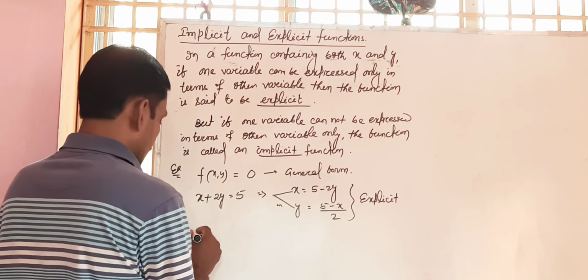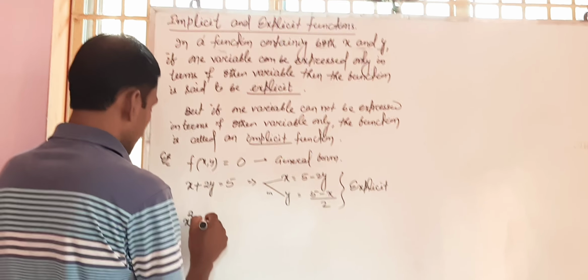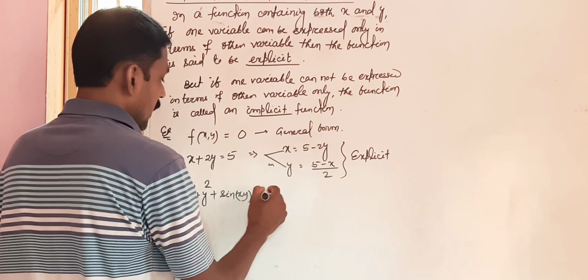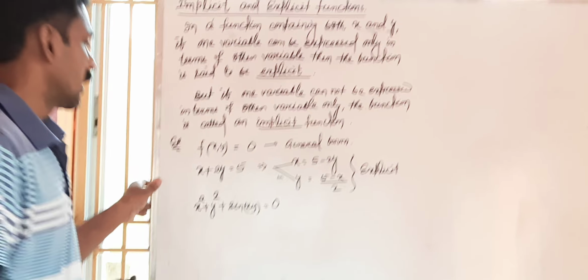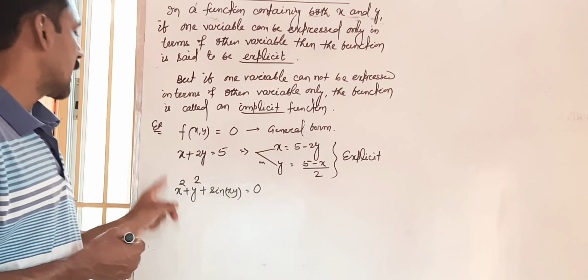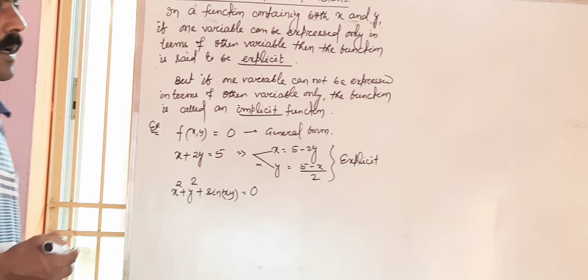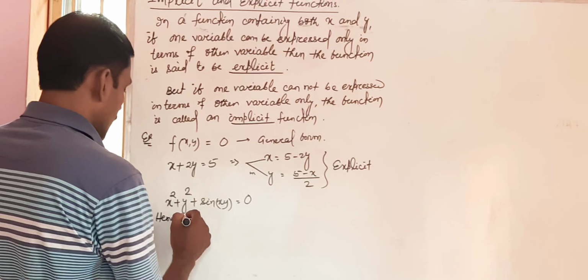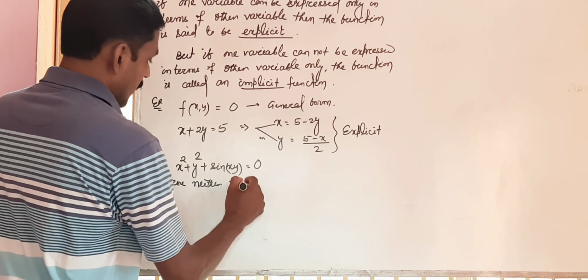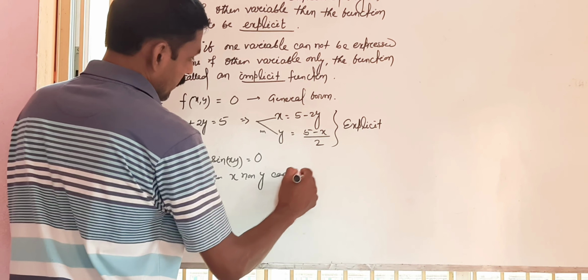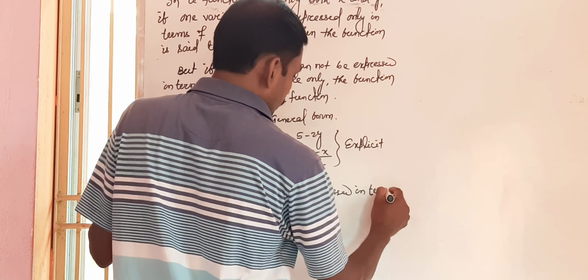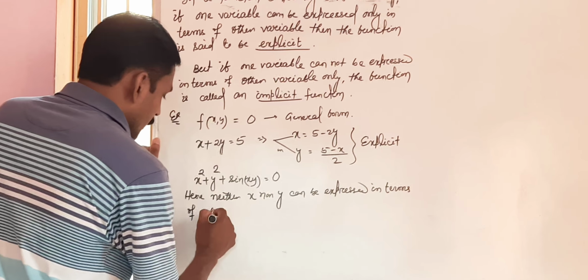But if I write x square plus y square plus sin x square is equal to 0, then in this case you see we cannot express x only in terms of y, or y only in terms of x, because it is trigonometry and here we cannot take it outside. So in this case neither x nor y can be expressed in terms of the other variable.